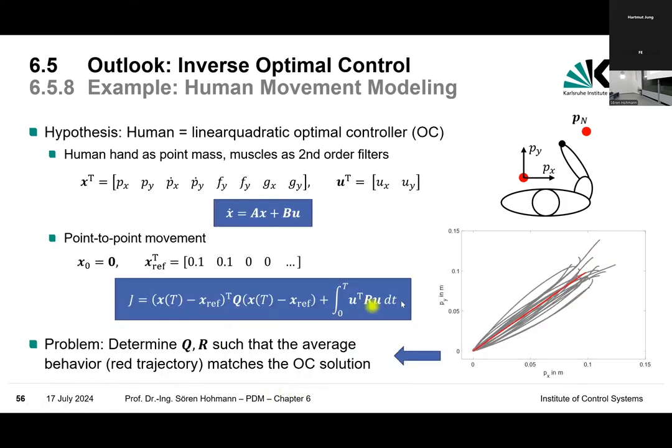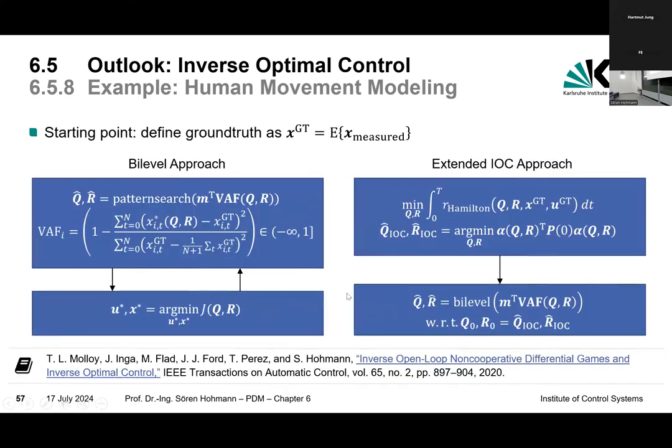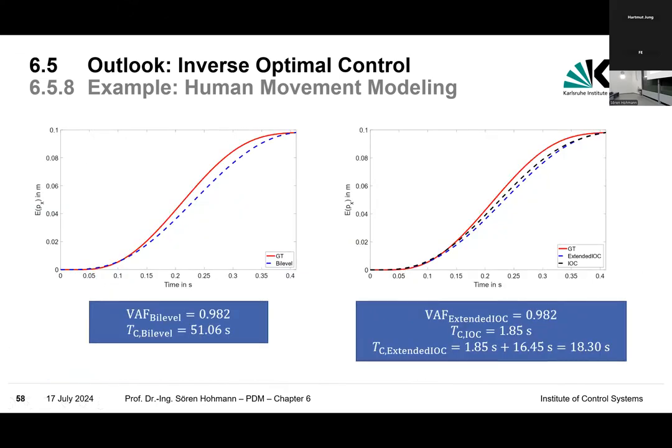Suppose you have this performance index, and you have a system like that, and we go about this with the typical bi-level approach I mentioned before. The red one is GT, which stands for ground truth. Obviously, there's a deviation, right?